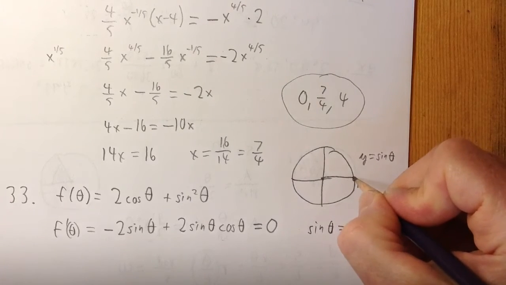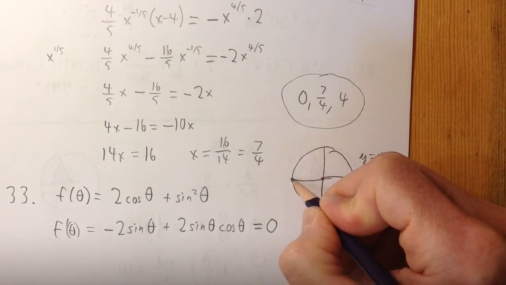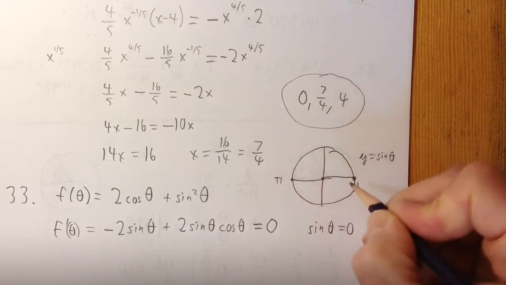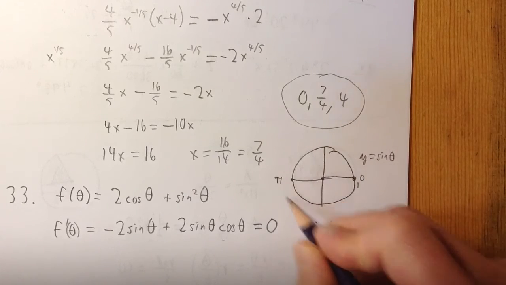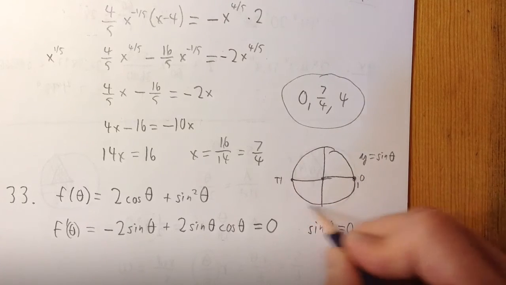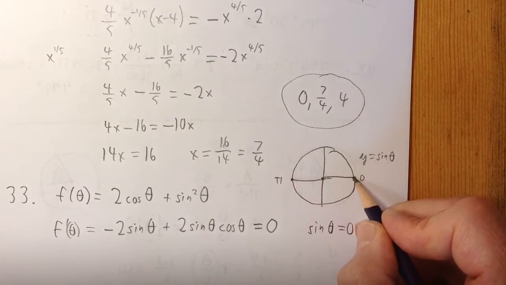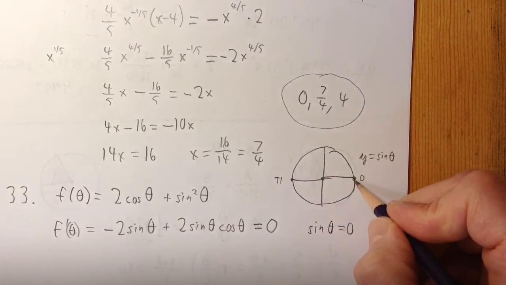Well, there's no height right here at 0 degrees, or there's no height here at 180 degrees, which is also pi, right? There's no height at 0 and at pi, or at 2 pi, or at 3 pi, or 4 pi, or at negative pi, or negative 2 pi. It goes on forever. So basically multiples of pi.